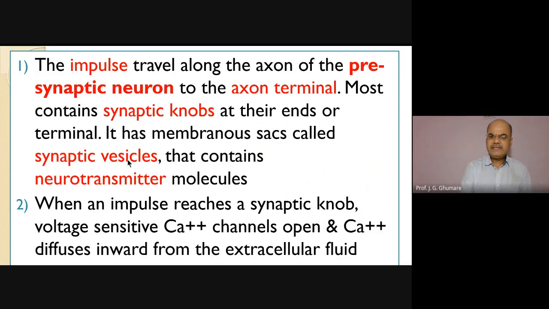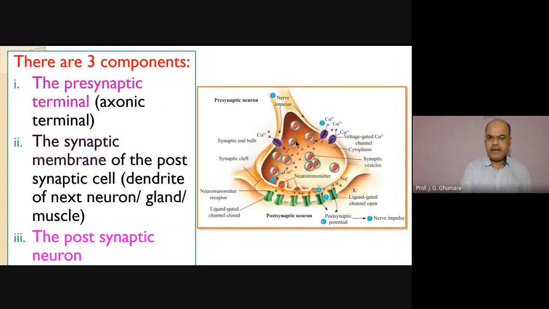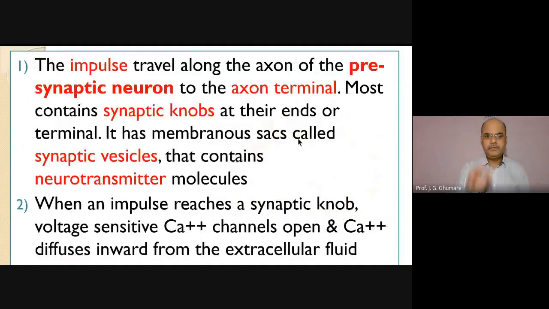These are called synaptic vesicles, remember. These synaptic vesicles produce and keep ready the neurotransmitter required to fill up the junction. The membrane sacs called synaptic vesicles contain neurotransmitter molecules, I told you. And when the impulse reaches the synaptic bulb, what will happen here? Voltage sensitive calcium channels will open, and calcium will diffuse inward from the extracellular fluid.